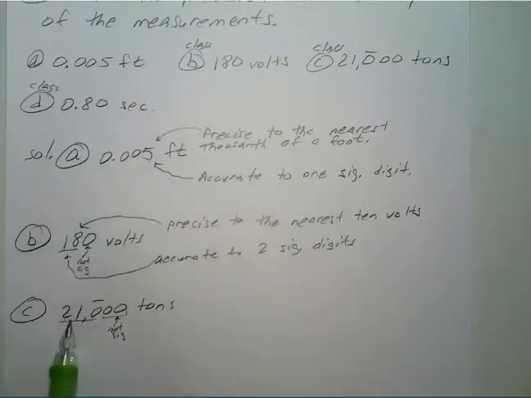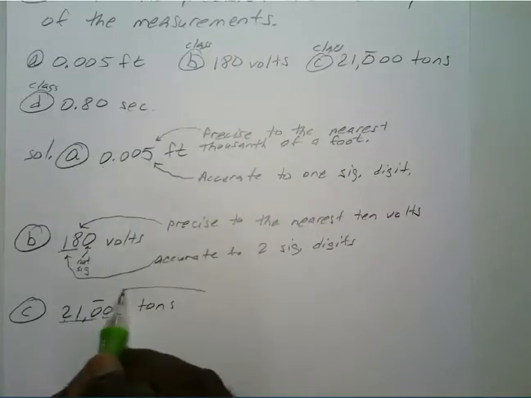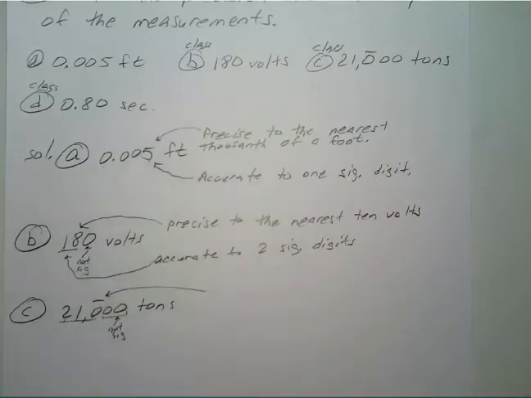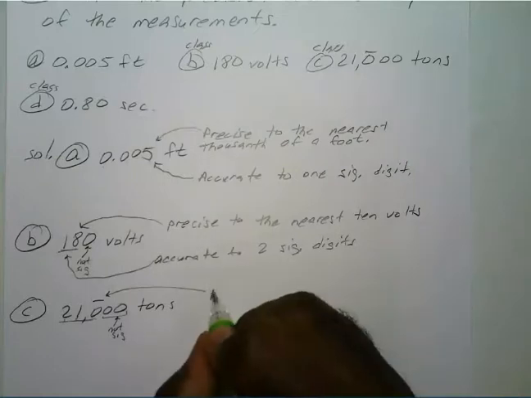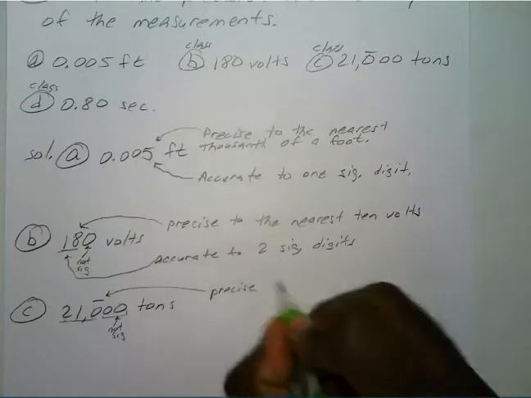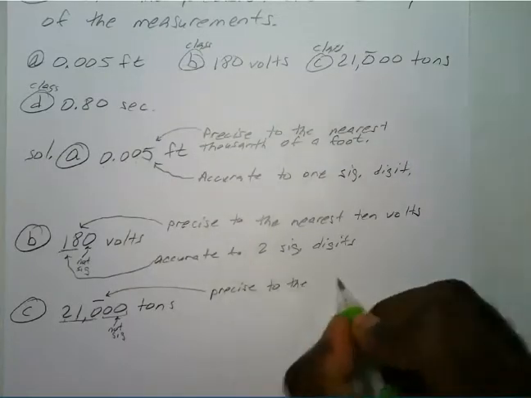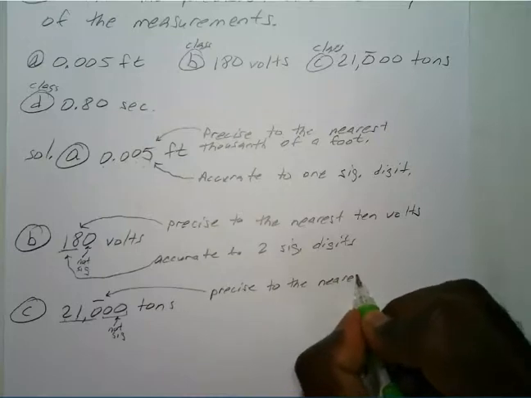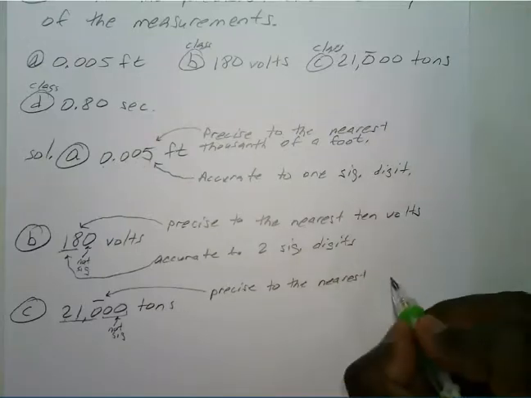Okay, so where's the place value of the significant digit furthest to the right? Well, that's in the hundreds spot. When you have a whole number, you have ones, tens, hundreds. So since we're going to that spot, it's precise to the nearest 100 tons.